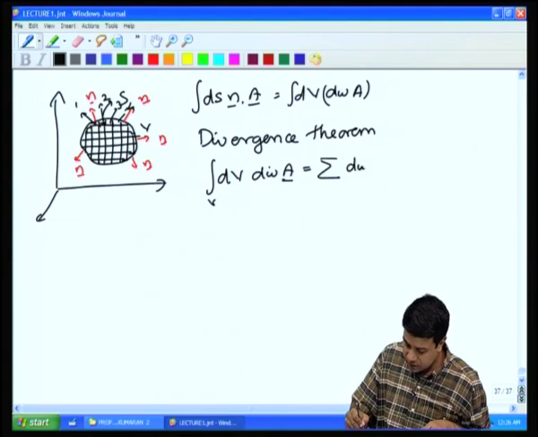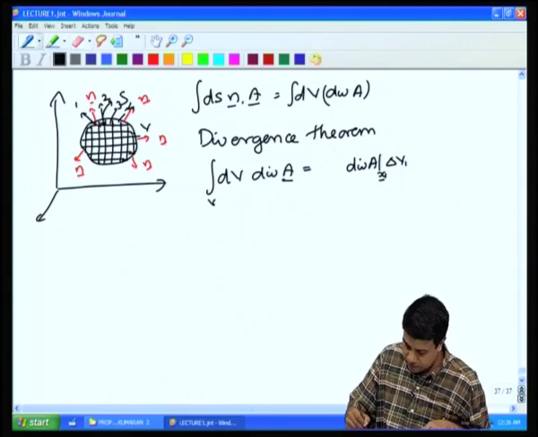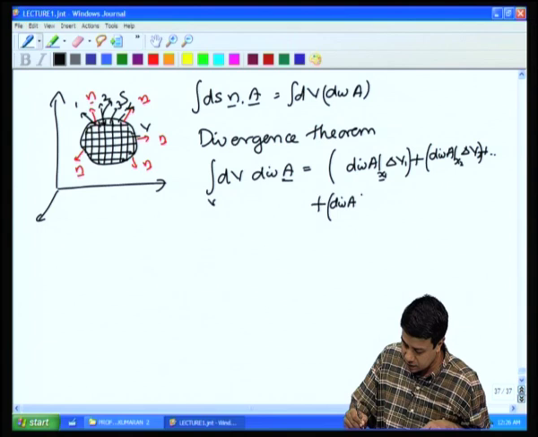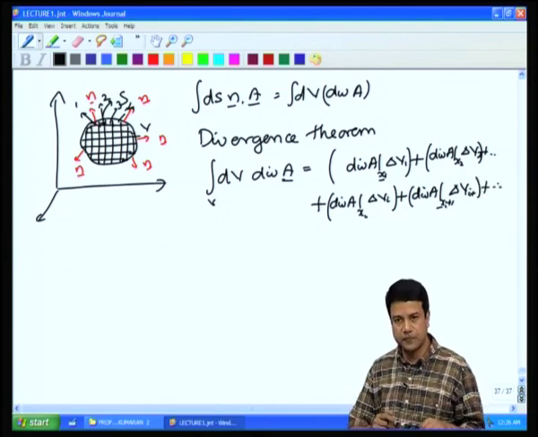Of divergence of A at the location x1 times delta V1, plus divergence of A at x2 times delta V2, plus etc., plus divergence of A at xi times delta Vi, plus divergence of A at xi plus 1 times delta Vi plus 1, plus etc. Okay.